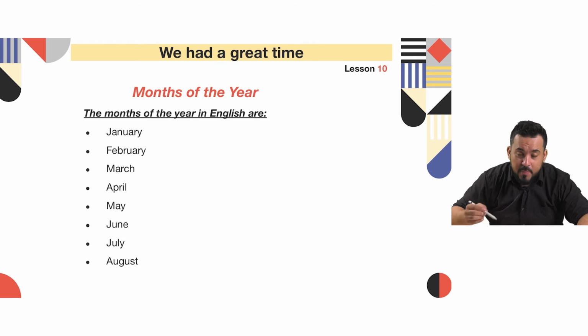All right, now let's talk about the months. Okay, the year has 12 months. Pay attention to the pronunciation.